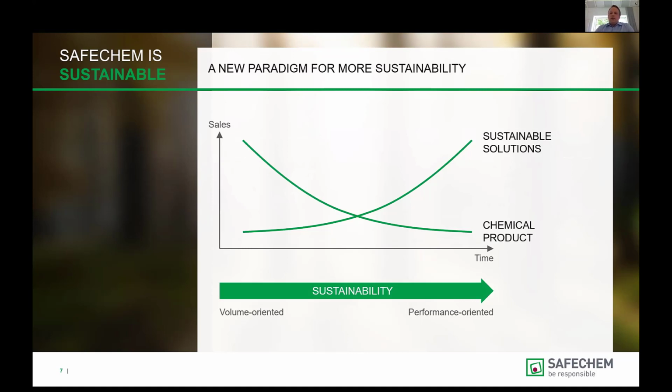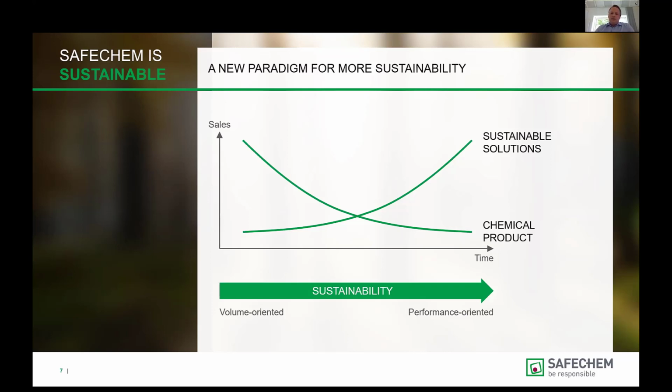But what goes up at the same time is what we call here sustainable solutions, so product plus the service that we are offering. And that brings us from a volume orientation, selling more product to the market, to a performance orientation. How much cleaning can you actually achieve with 1 kilogram of solvent? And that is driving the sustainability of the business.